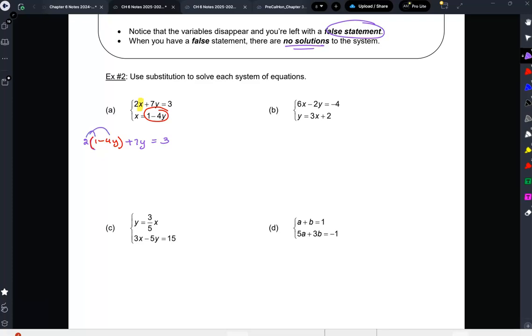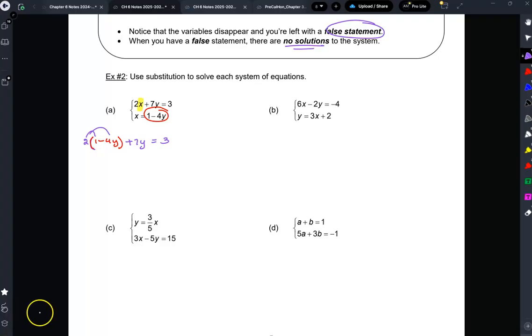Distribute, and we solve, right? So go ahead and solve this one. I want you to get y, plug it in and get x.